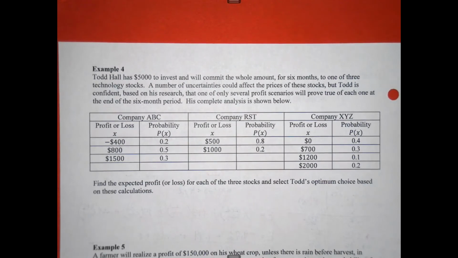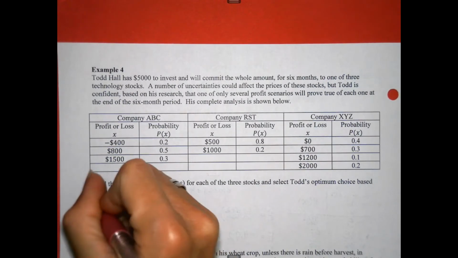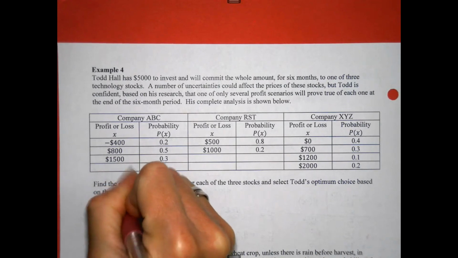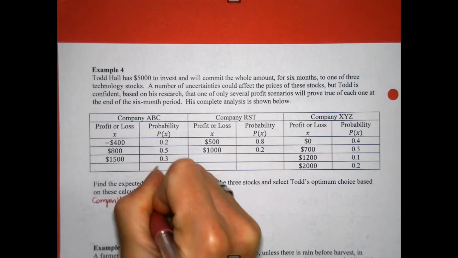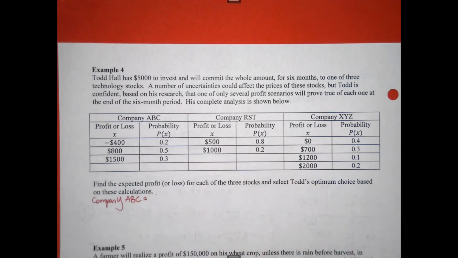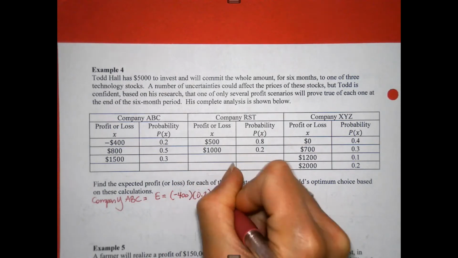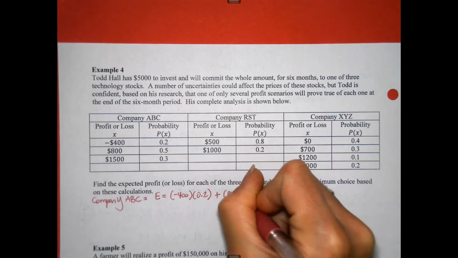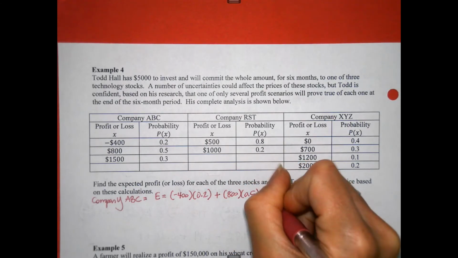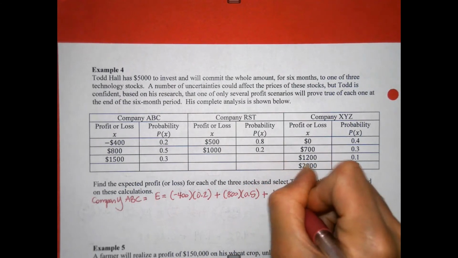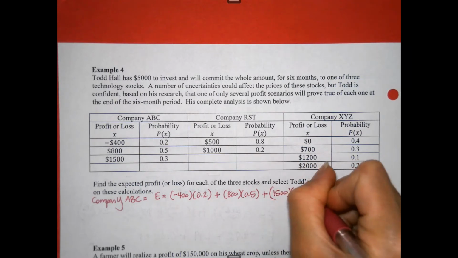Find the expected profit or loss for each of the 3 stocks and select Todd's optimum choice based on these calculations. For company ABC, the expected profit or loss is equal to negative 400 times 0.2 plus 800 times 0.5 plus 1500 times 0.3.